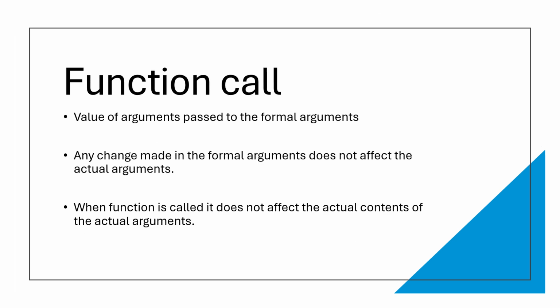First we can think about what a function call is. How are we going to call a function, and what types of arguments are there? In a function call, the values of the arguments are passed to the formal arguments. Any change made in the formal arguments does not affect the actual arguments.